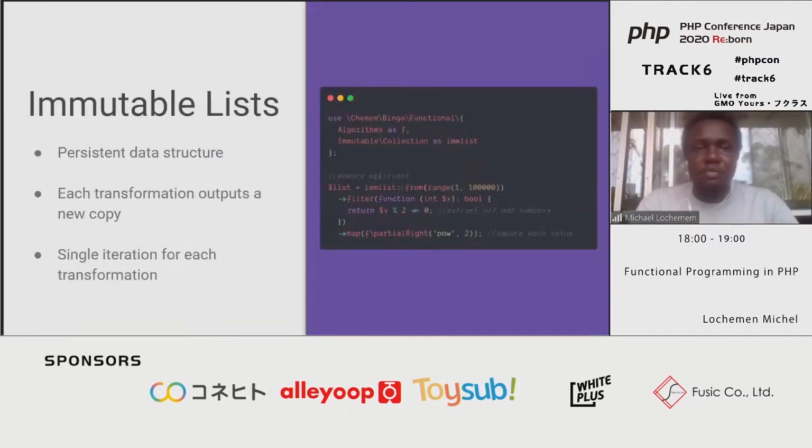That's pattern matching. And then you have immutable lists, which are persistent data structures. Persistent data structures are those that effectively create a new copy of themselves with every transformation.